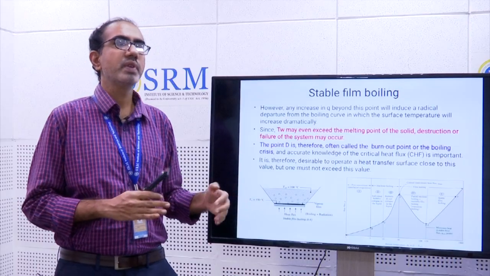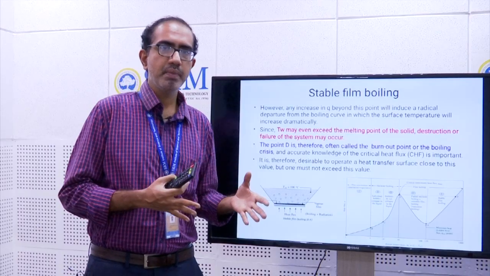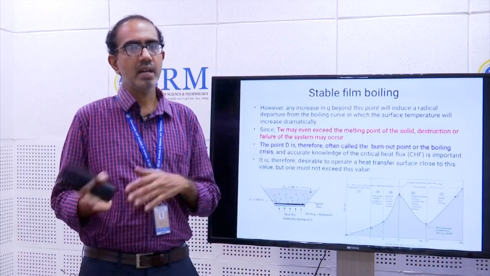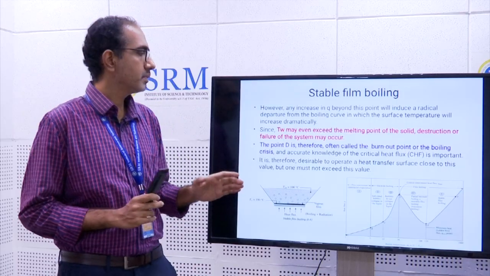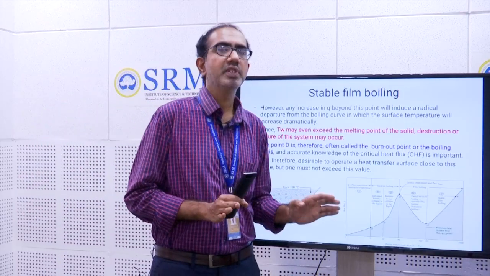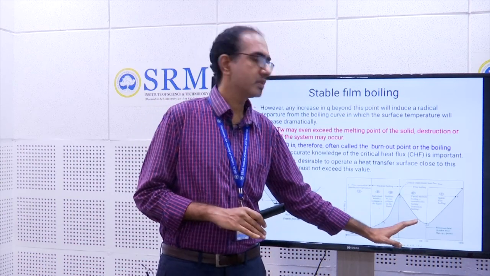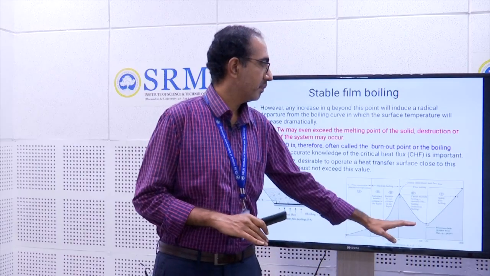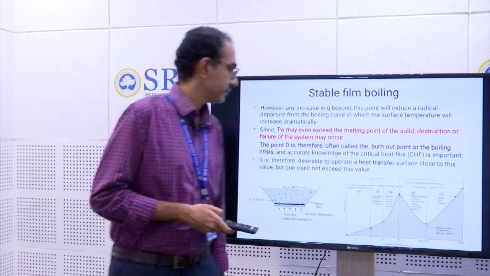When we keep on adding heat, it cracks the material and leads to an unsafe condition. So it is not advisable to operate any boiling-related device beyond point D. That is the point we want to take from this graph.